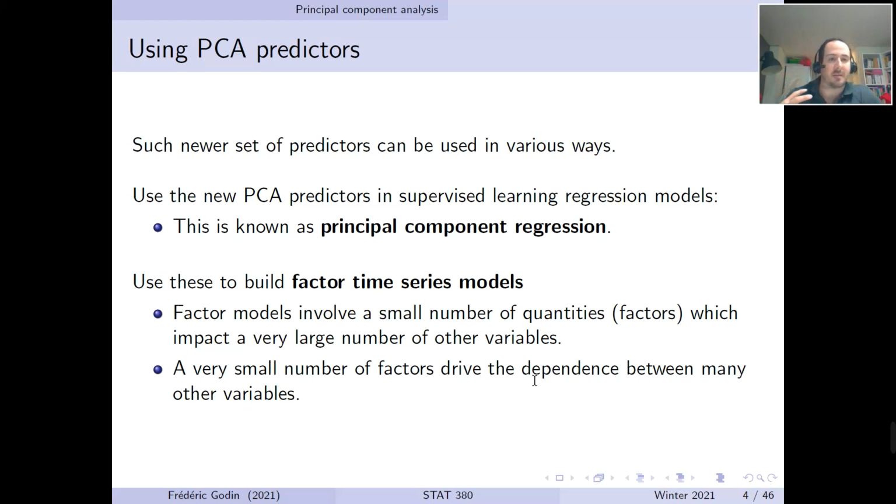Okay, so we can see that PCA can be useful in many types of applications. These are only examples, but they should motivate that using PCA is relevant because we often want to reduce the dimensionality of a data set to summarize information provided by a large number of variables into a lesser amount of variables.